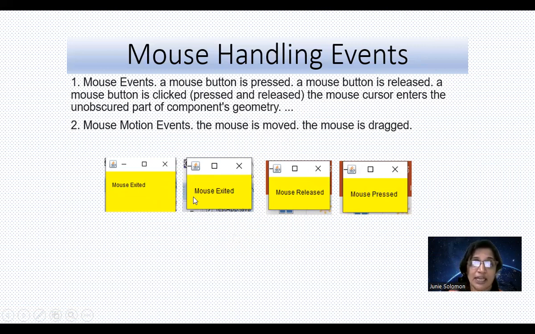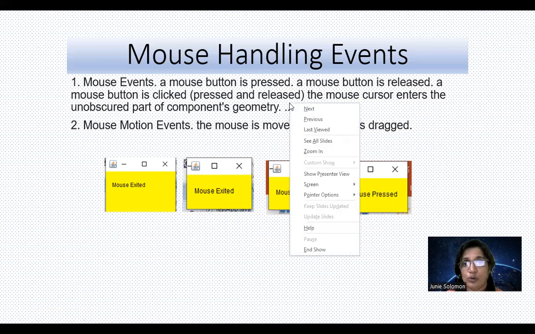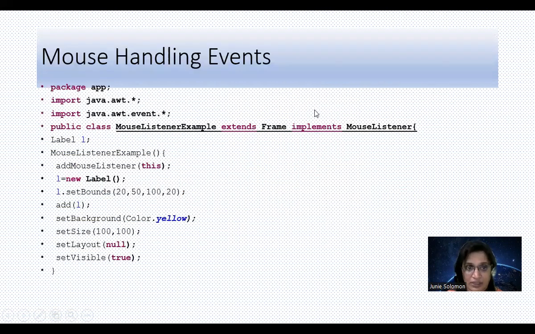All these things are called mouse events. Your mouse button has to be pressed. So when you press, you are entering there, exiting and releasing, all those things will be there. You have to drag, then move, then only it will come. These are mouse motion events. So how to do these mouse events?